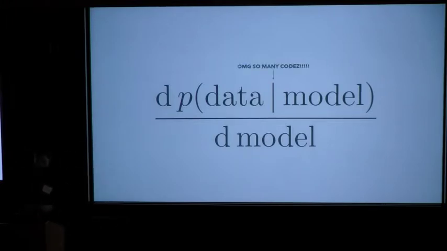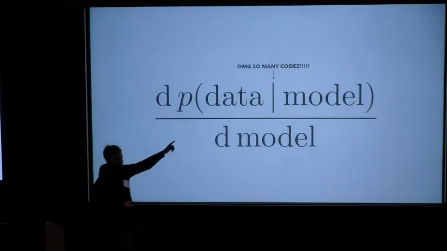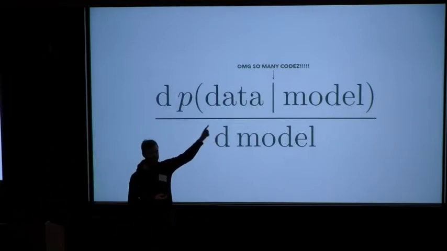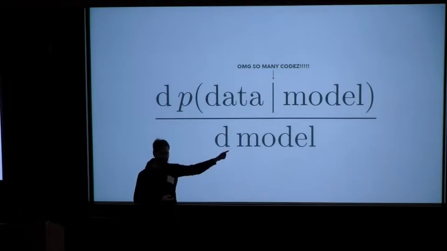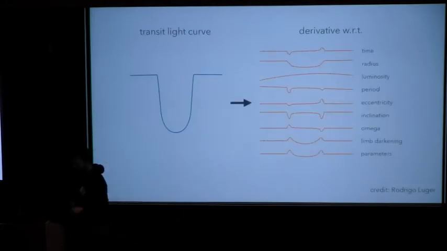And one thing I'd like to remind you is that there's a lot of complicated stuff that goes on in this bar, and I'm saying that we want to take the derivative of all of these things. And so, you know, that could be a pain. So here's an example. I said I don't know about microlensing, but I didn't say what I do know about. I mostly work on transiting planets.